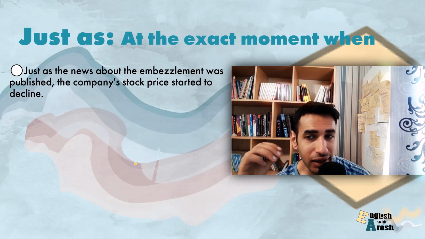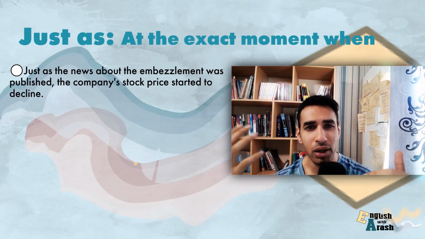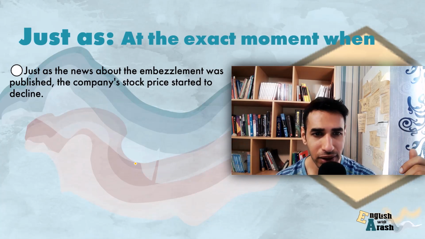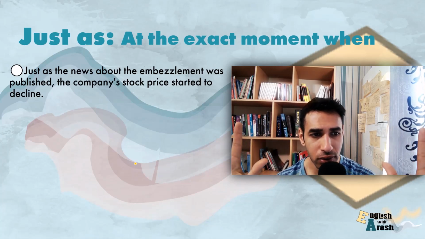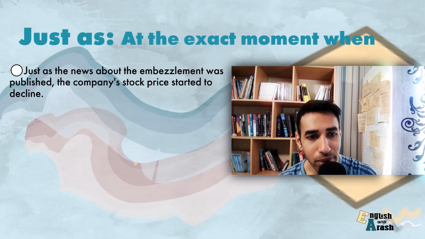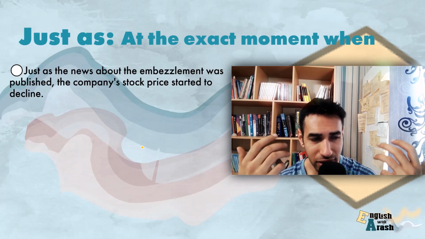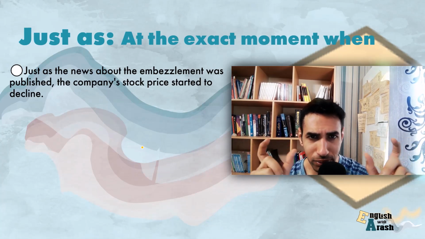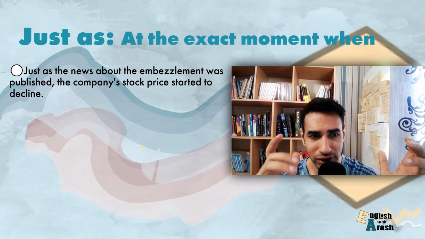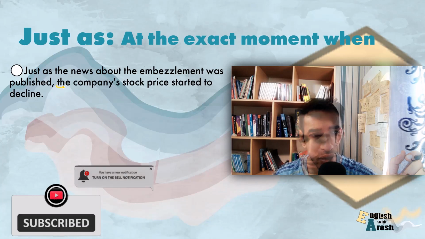So exactly at the moment that some news about corruption, money laundering, some embezzlement was published, exactly at that moment the company's stock price started to decline. So these two events almost happened at the same time, but maybe with a little delay. For example, the second one happened immediately after.